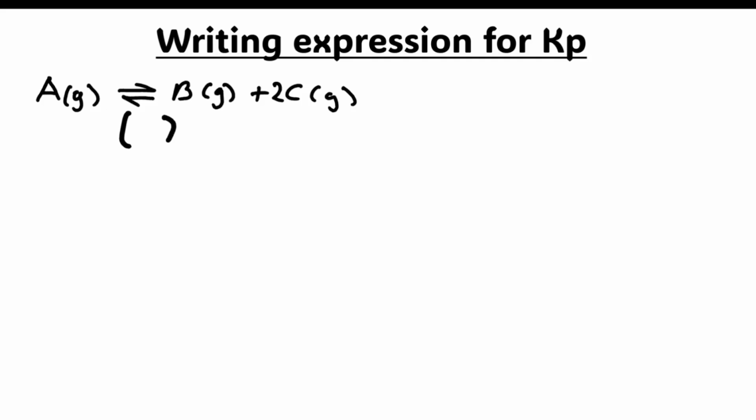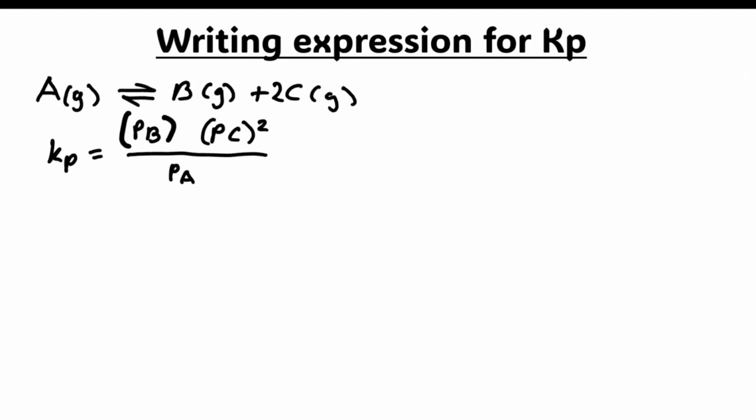No square brackets for Kp, only square brackets for Kc. So this is how you'd write the expression: you write your products over your reactants, in brackets, no square brackets, and then we write a big P in front of whatever compound it is to show the partial pressure.